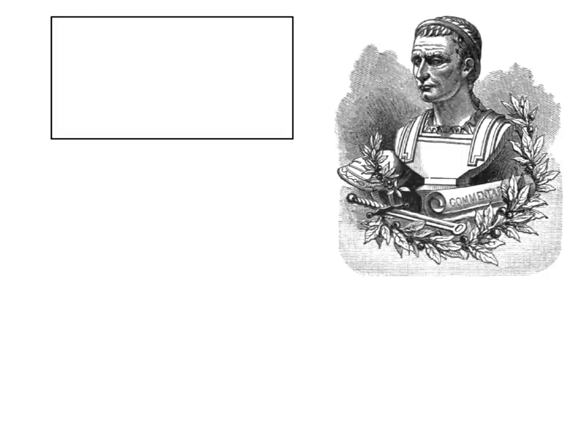This third part of your test is going to be your plot diagram, so you need to know your plot diagram. Remember, your plot diagram is composed of 6 parts. The exposition, the inciting incident, the complication, the climax, the denouement, and the resolution.